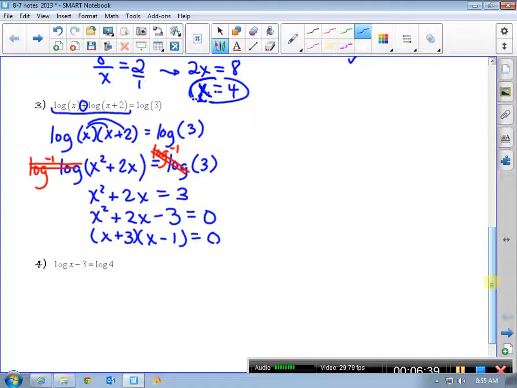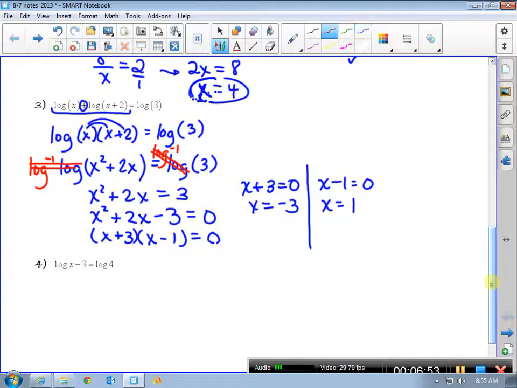And we end up with x equals -3 and x equals 1. Now the checks here are very, very important. So if I try and put -3 into the original, I will have the logarithm of -3 plus the logarithm of -1 equals the logarithm of 3.